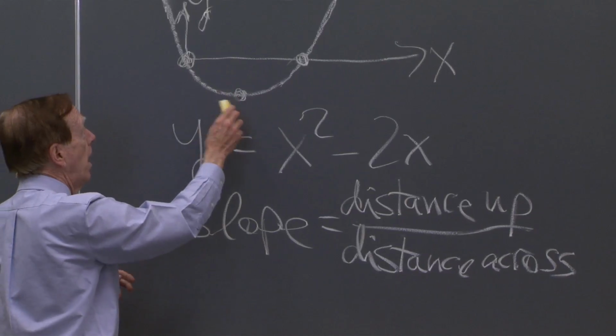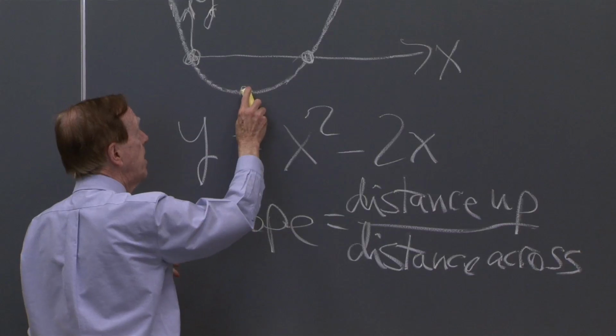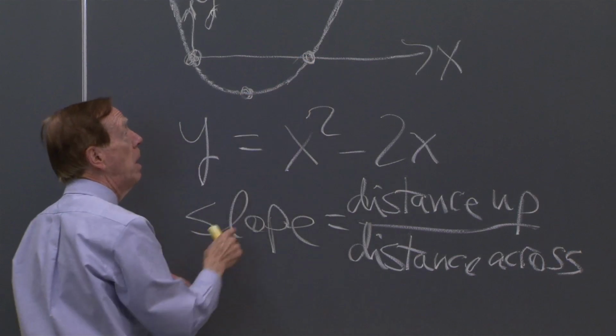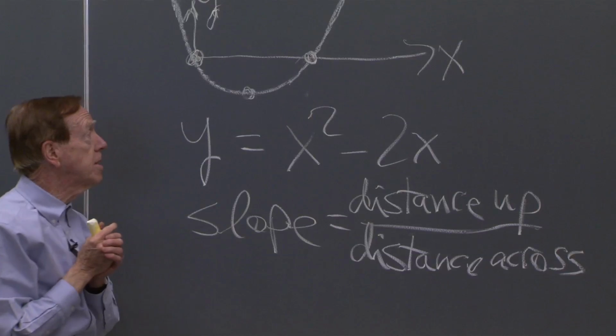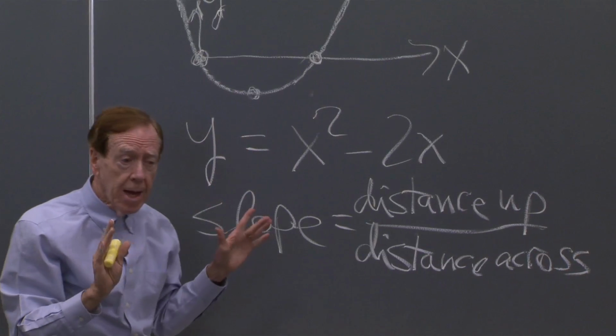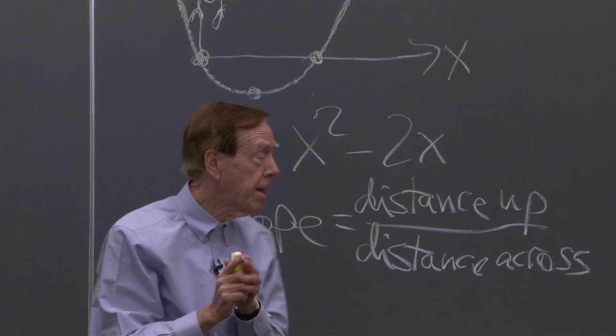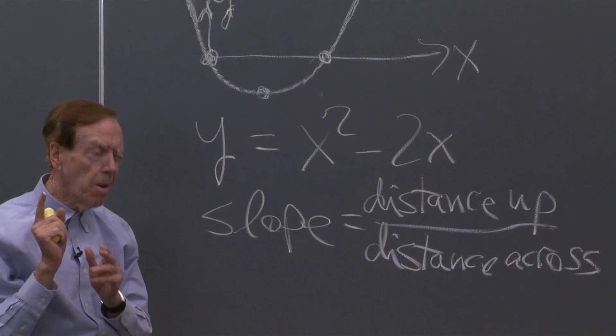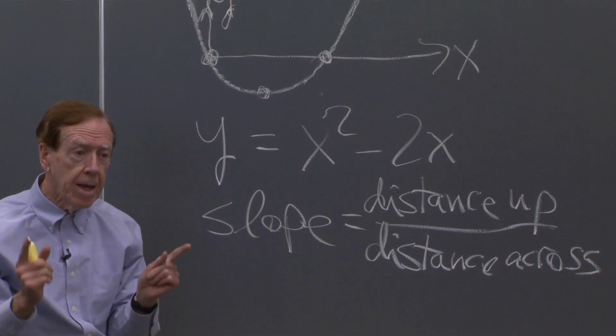And if I take, say, between this point and this point, the distance up over that distance across, that doesn't take into account the key fact that the slope is changing all the way. So this is the problem that had to get solved.